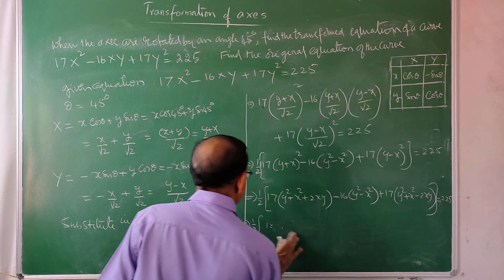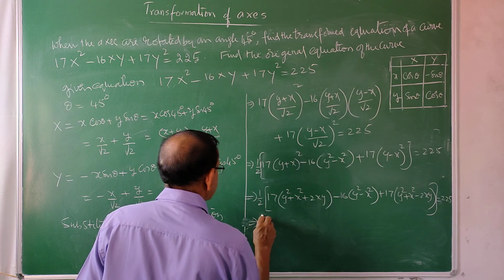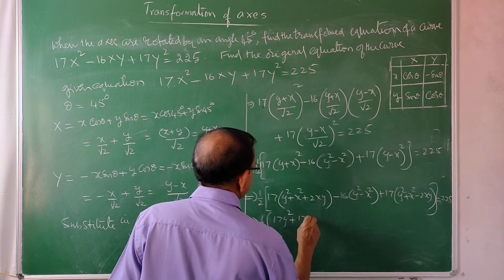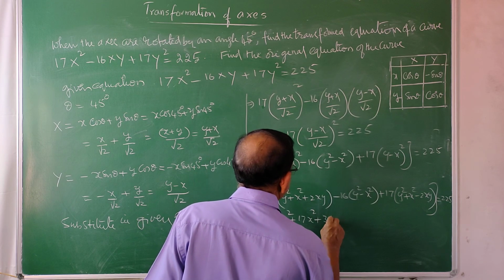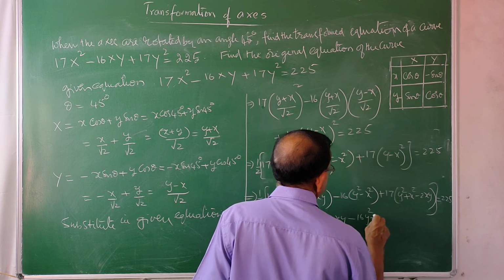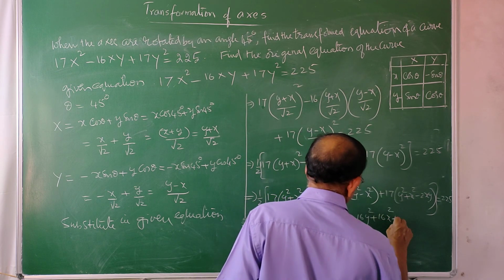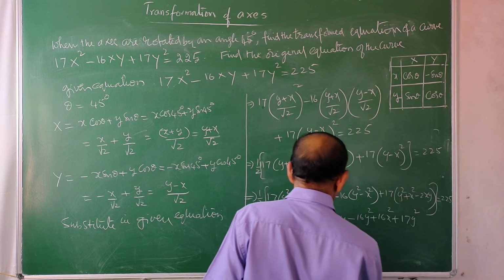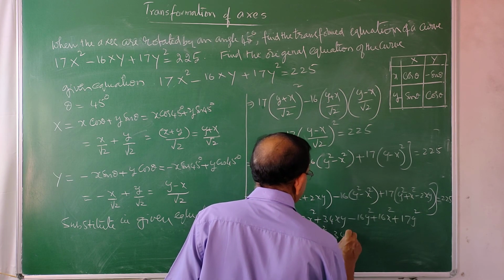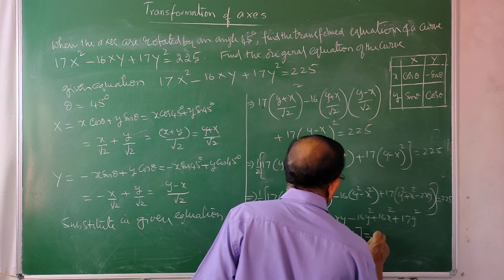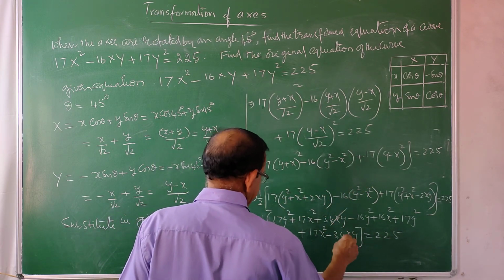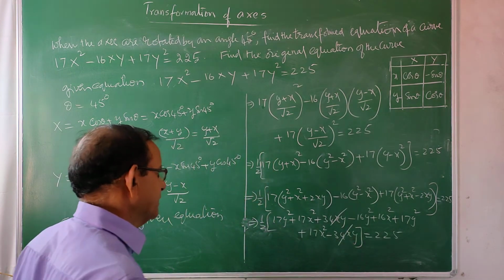Or else we shall write one more equation, that implies half into 17y square plus 17x square plus 34xy minus 16y square plus 16x square plus 17y square plus 17x square minus 34xy is equal to 225. So you can cancel 34xy and minus 34xy.